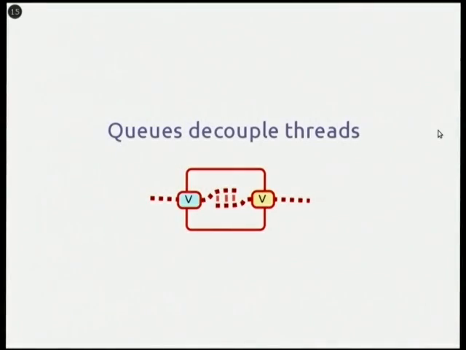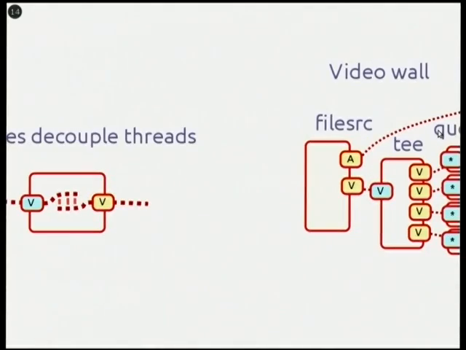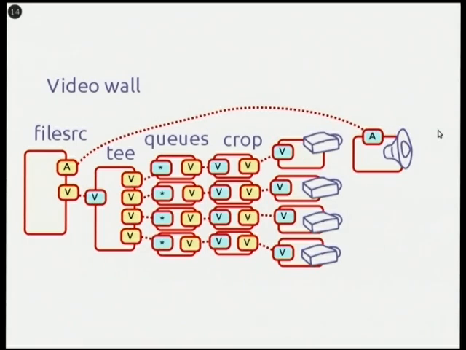And now what the queue does is it's slightly misnamed. It decouples threads. If they were all trying to play at the same time, all in one thread, they start banging into each other, and it freezes up.